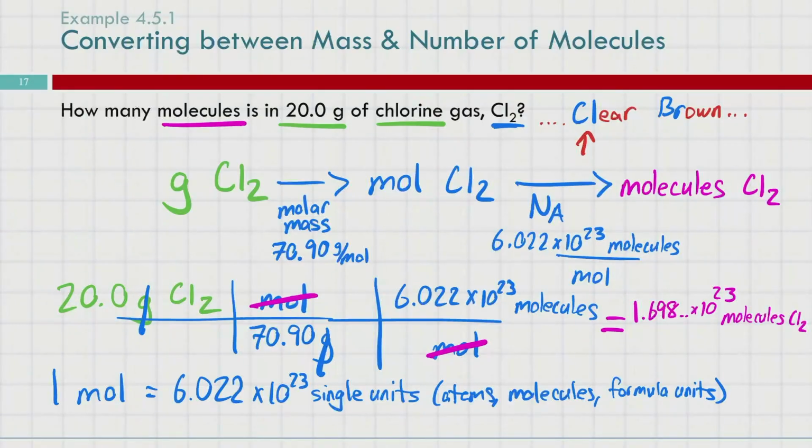For significant figures, we started with 3. We used molar mass that had 4. We could have gotten more if we needed to. The Avogadro's number that we used also has 4. You can get more if you need to.